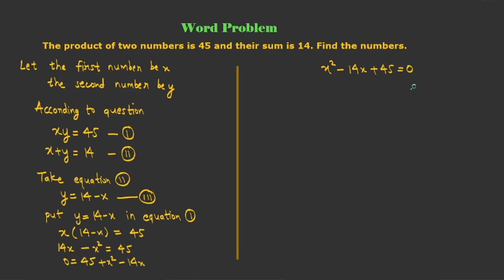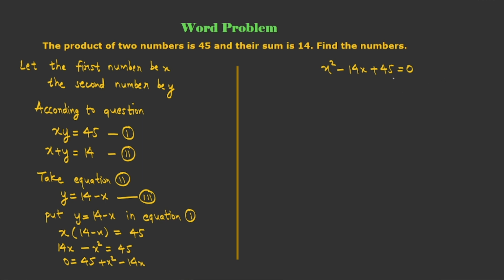Now this is a quadratic equation, so it will have two answers, and you can solve it either by middle term splitting, or you can use the Sridhar Acharya method, or we can call it the formula method.